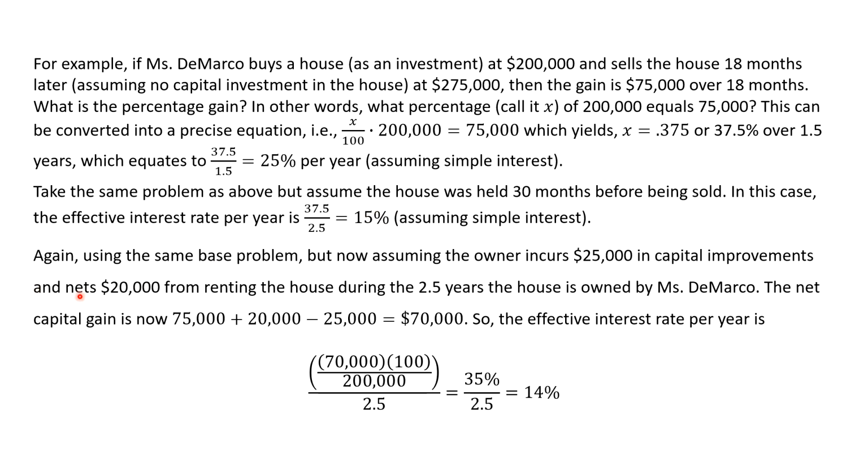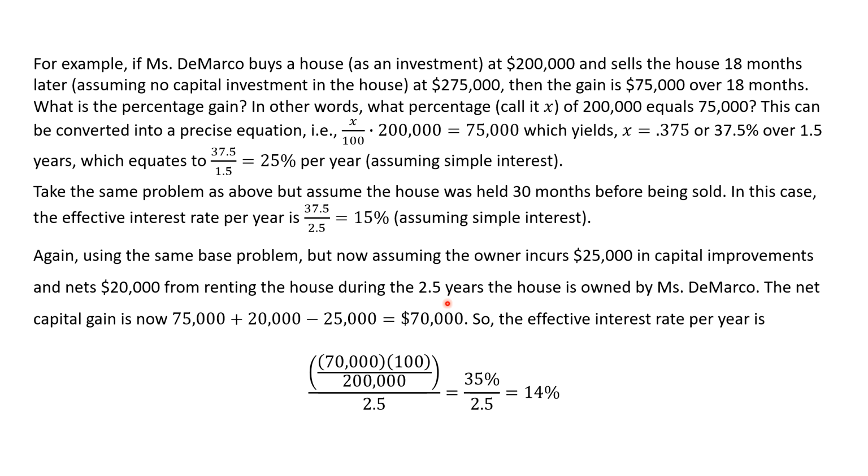Okay, then we have one final variation on this. So again, let's assume Ms. DeMarco sells the house for a gain, and she sells it at $275,000, but she put $25,000 in capital improvements, and she also rented it out, and she got $20,000 for renting, and she held it for 2.5 years.